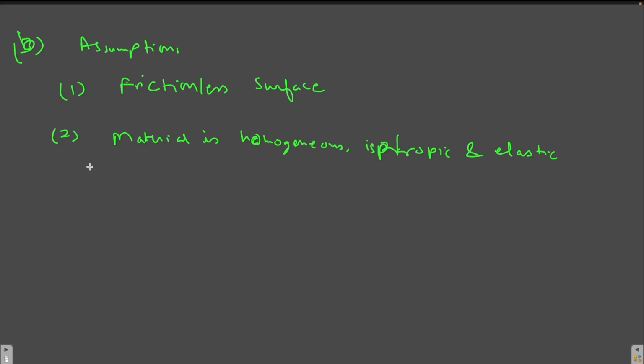And we have taken that Hooke's law is valid. So these are the assumptions only, because no material is perfectly elastic in nature, no surface is properly frictionless. These are the assumptions which we always take, right? So these are the assumptions which we have made.